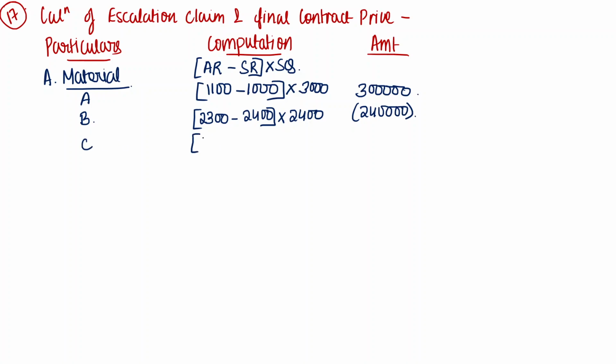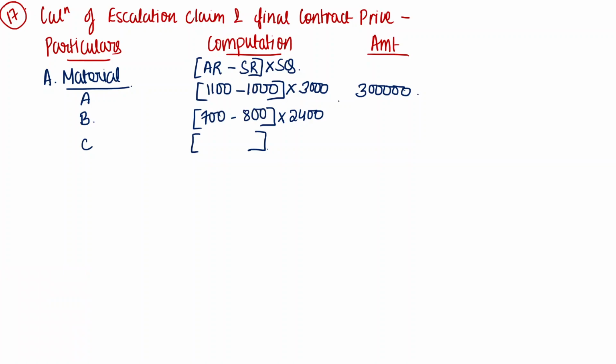C. 600 is the actual rate and 500 is the standard rate. That means we paid, sorry, I made a mistake here also. I should have taken the rates in between. Sorry guys, this is wrong, by mistake. 700 minus 800.